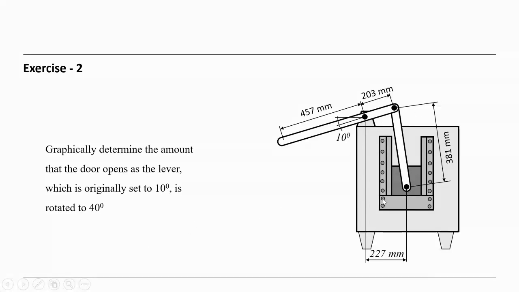Given is the geometry, like you see in the picture here, all the dimensions, and then the position angle of this member here, of these links, 10 degrees. So if it is rotated 40 degrees, graphically determine the amount. So the question in which direction actually is not necessary, isn't it?